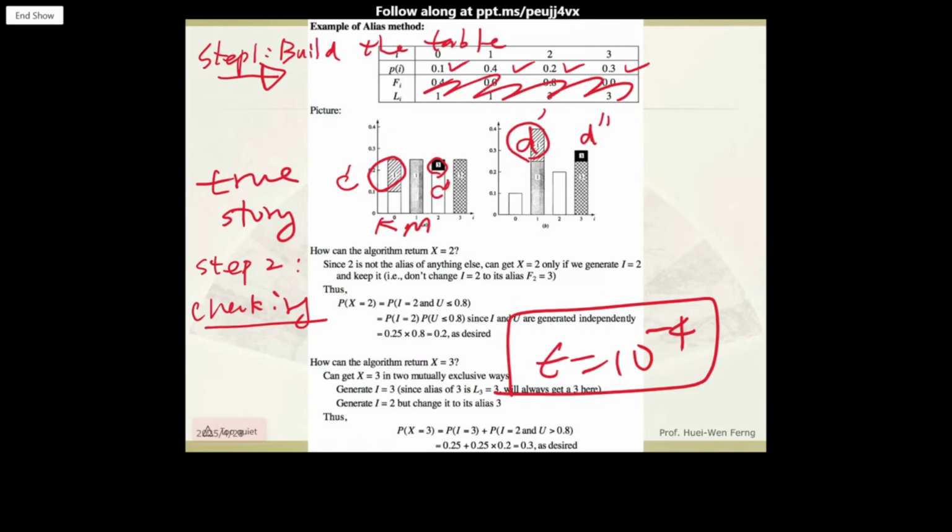So again, let me make sure. Can you have the table here? Group 3 finished. Any other member finished the current table? Group 4? Yes. Group 5? Yes or no? No. Group 2? No. And group 1? Yes. So 2 groups failed to get the result, but it's still okay.